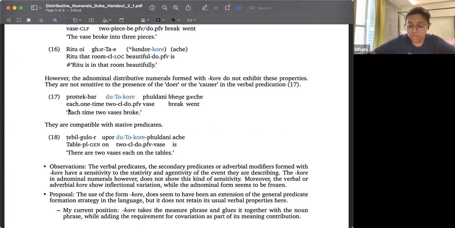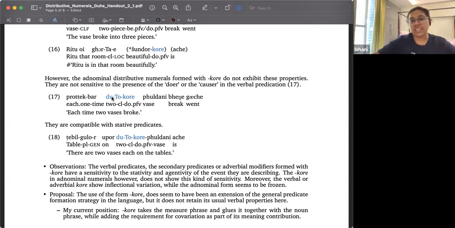It doesn't. Whereas in its other uses outside the nominal domain, it does retain its sensitivity towards the nature of eventualities. So it's bad with statives. It's bad with anticausatives, so without agents, without causers. So we cannot really use whatever core is doing in the verbal domain in the nominal domain.